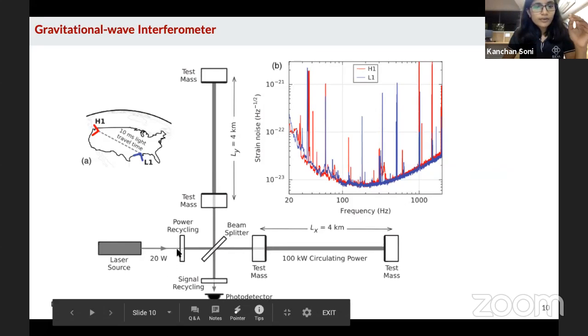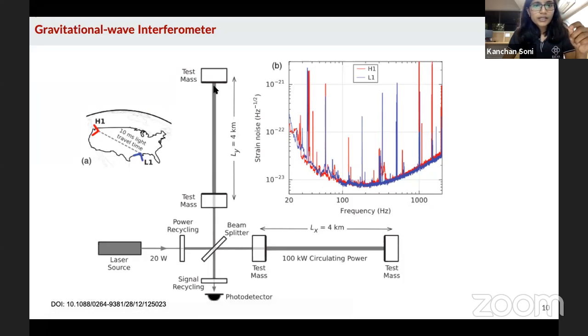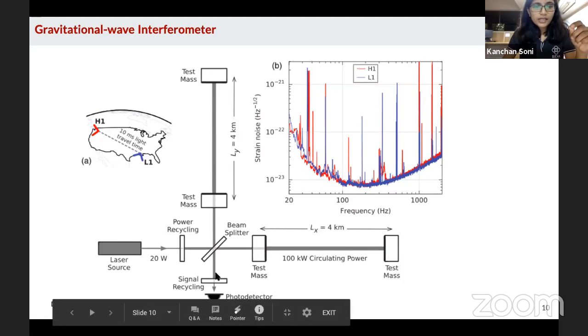The laser light falls on the beam splitter and gets split, then gets reflected back, and after signal recycling we detect the injected signal near the photodetector.